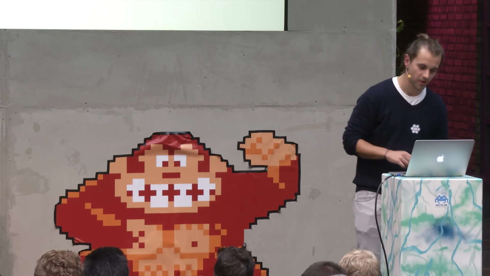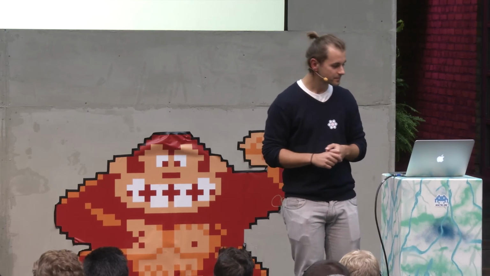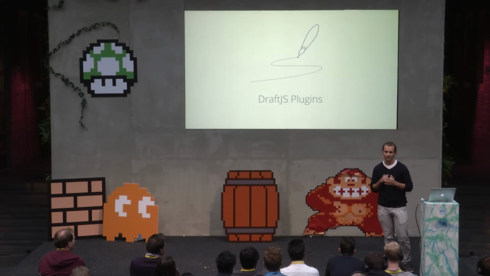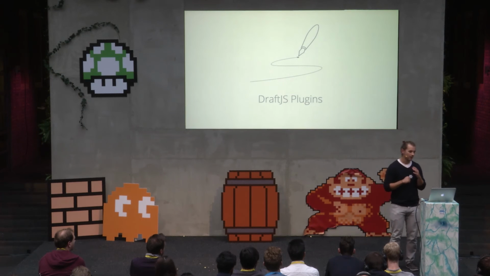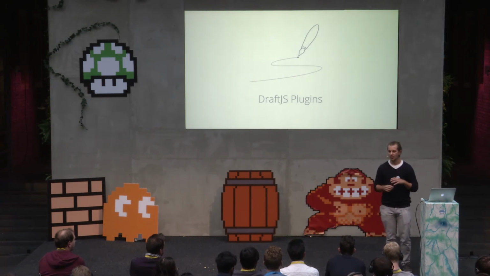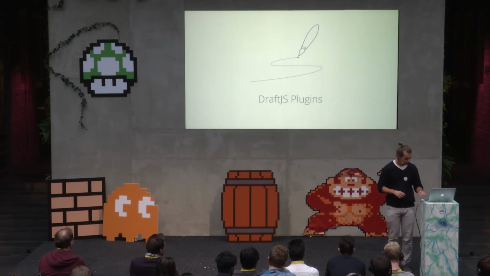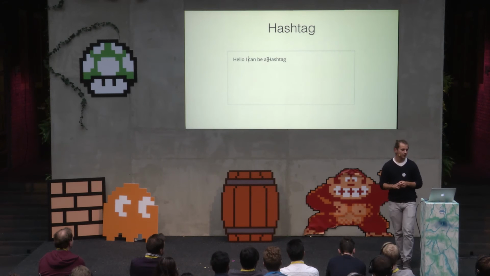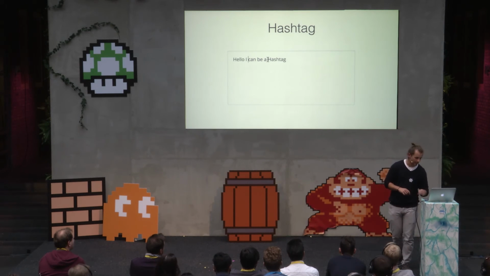So I started to work on a project together with a couple of other people, and we built Draft.js Plugins. What Draft.js Plugins is, basically, is a plugin architecture using just a wrapper component on top of the Draft.js editor. So what it does, it gives you a lot of features like hashtags.